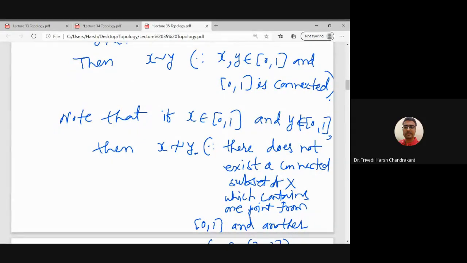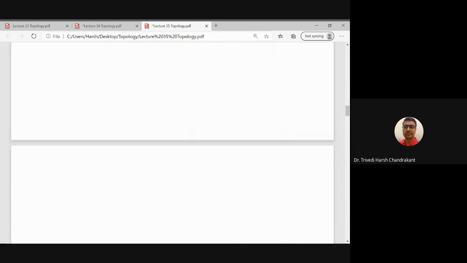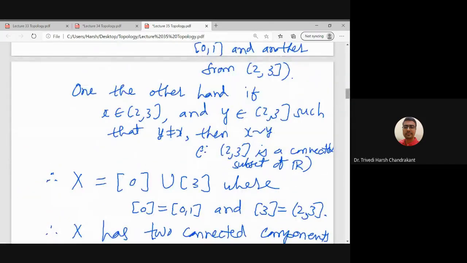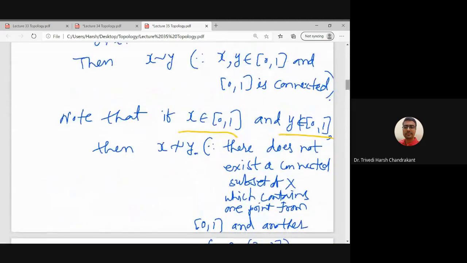Note that if I take any element x in [0,1] and y which is not in this, that means y belongs to the interval (2,3].